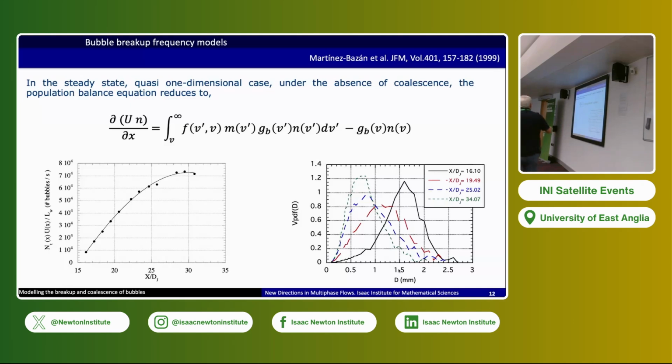To get the frequency of breakup in this case, we just focus on the largest bubbles of the distribution, the bubbles that are here. Focusing on these large bubbles, we don't have formation of them due to the breakup of larger ones, because there are no larger bubbles, right? So this term will be gone, and we have only that one and that one.